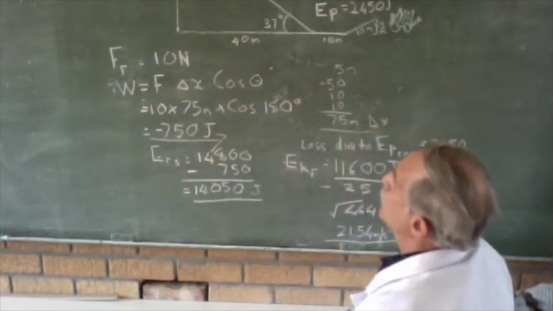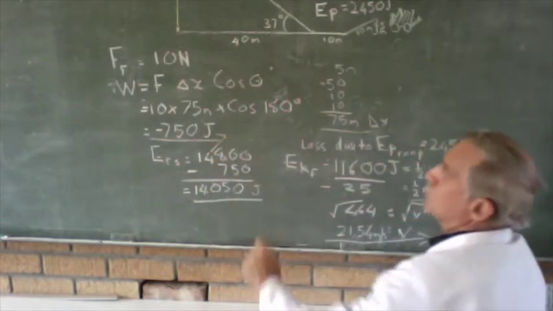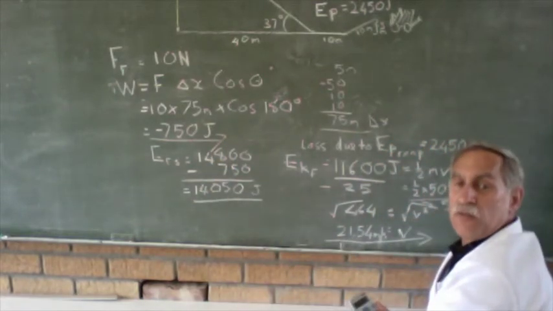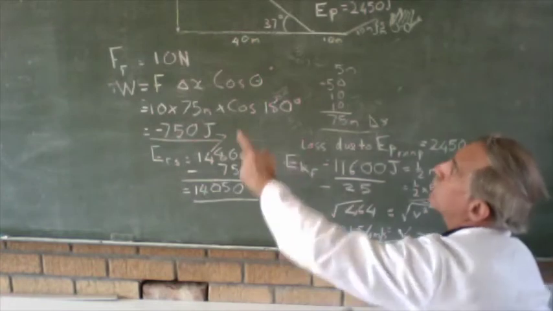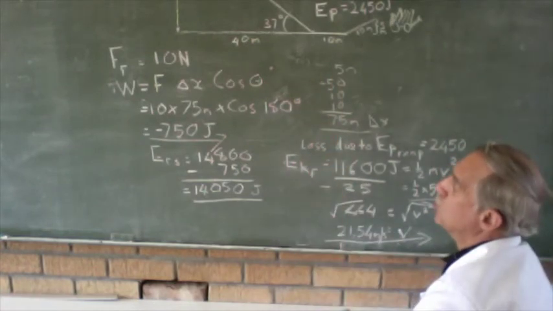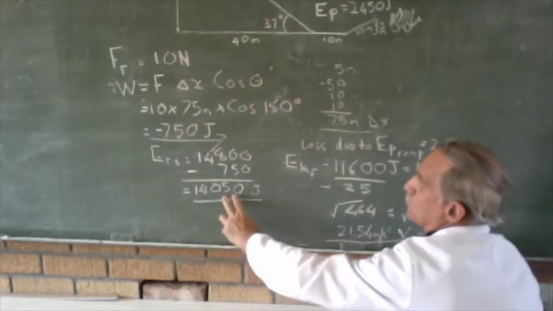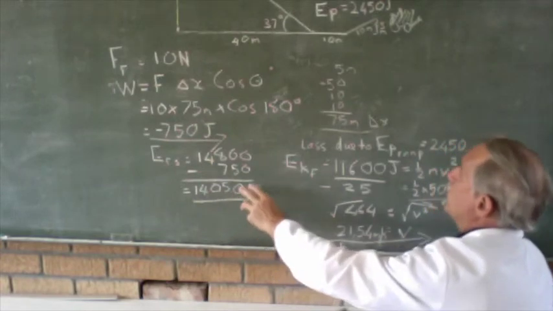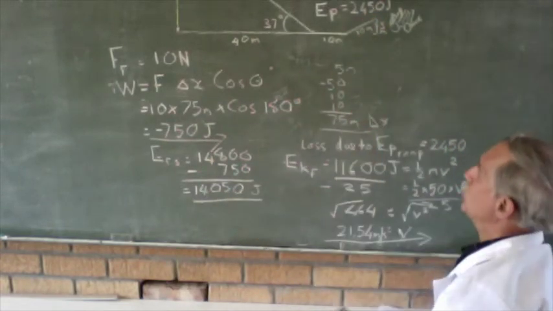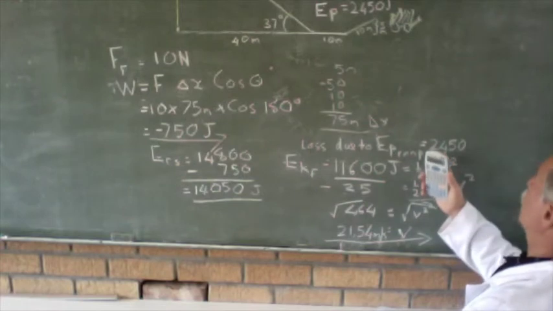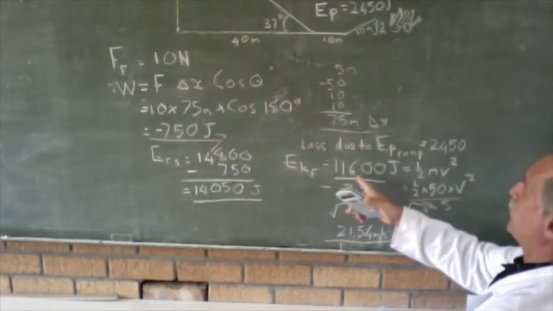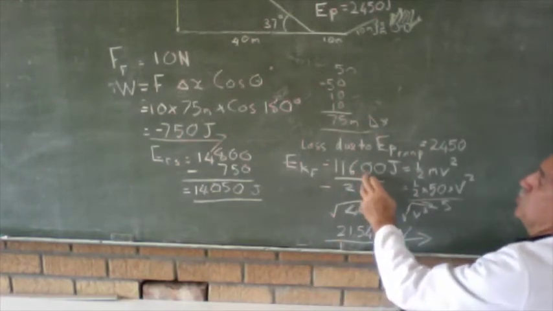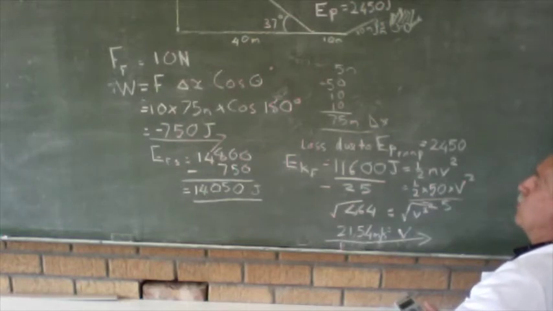We found that the loss of energy was minus 750. So we subtracted that from the starting energy, and that came to this amount. And from this amount, we then subtracted the little bit of potential energy, which was that amount. And we found that our final energy was 11600.